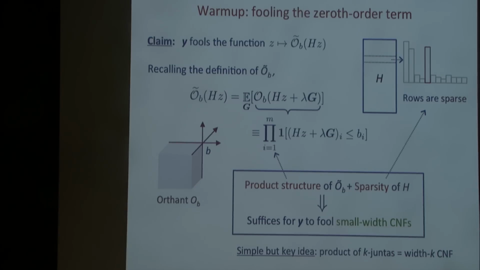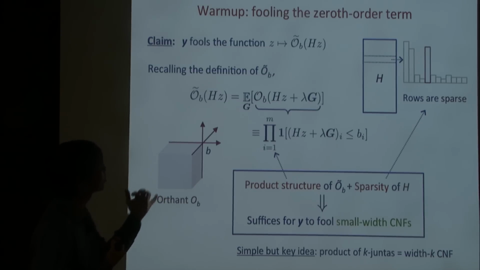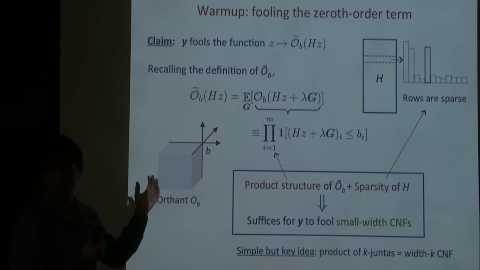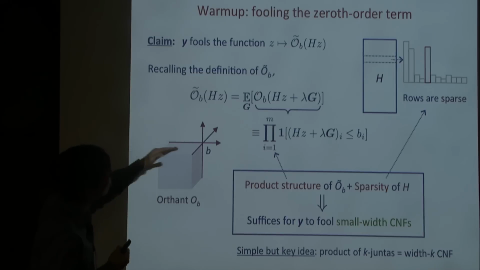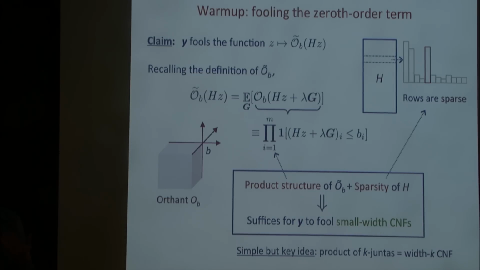This is one of our main ideas of how we deal with the fact that we have this H, which denotes the spiky things that we do not like. But we get rid of it using the fact that the AND of M spiky things is a CNF somehow. And we can fool CNFs extremely well. So we can show that in fact all these spikes don't really bother us too much.